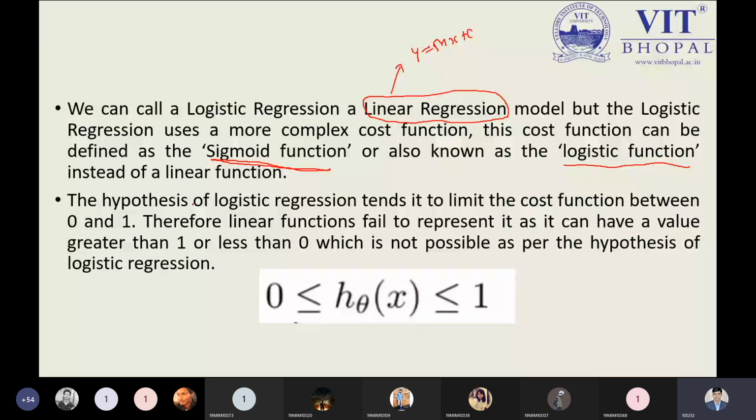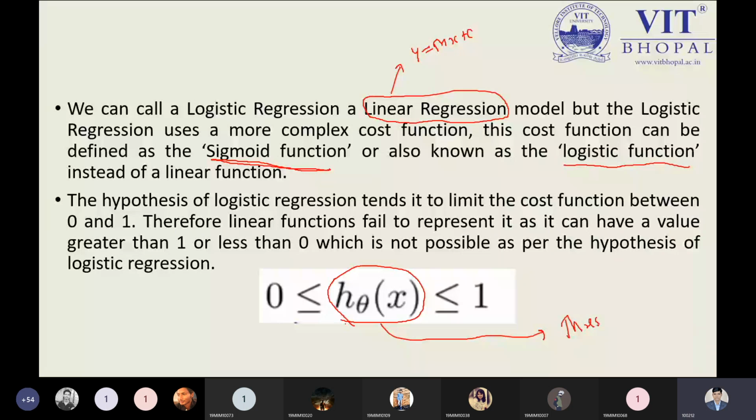The hypothesis of the logistic regression, how do we determine it? As I told you, the hypothesis h of x for logistic regression can be easily identified, and it ranges from 0 to 1. We can choose any value in that range, but finally we choose only one value, either 0 or 1. This h theta x is basically a hypothetical value, and it can be identified as a threshold.